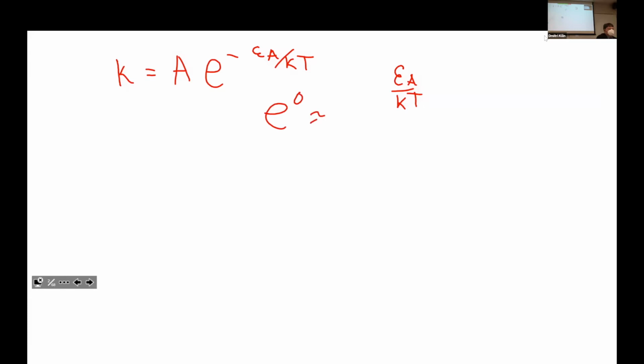And if it is equal, then it will be e to the power -1.